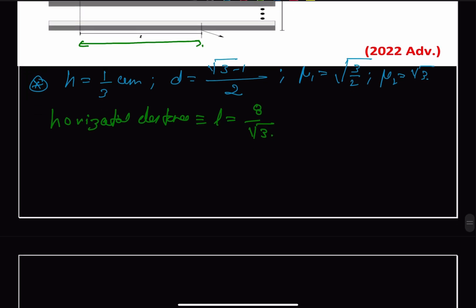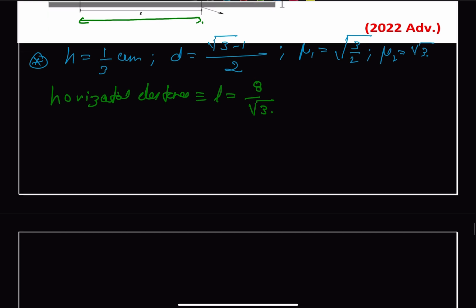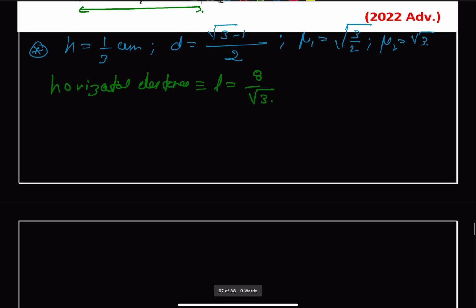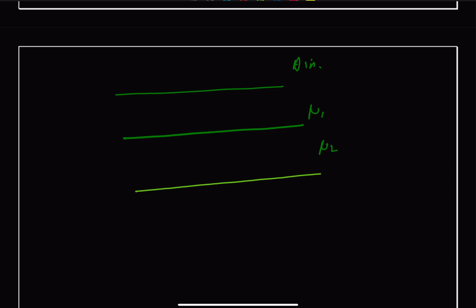So let us broadly discuss the first unit, and then we can replicate it for the other units also. So we can draw the figure for the first unit. First we have air, then we have a mu1 refractive index, and then mu2 refractive index, and this is repeated n number of times.